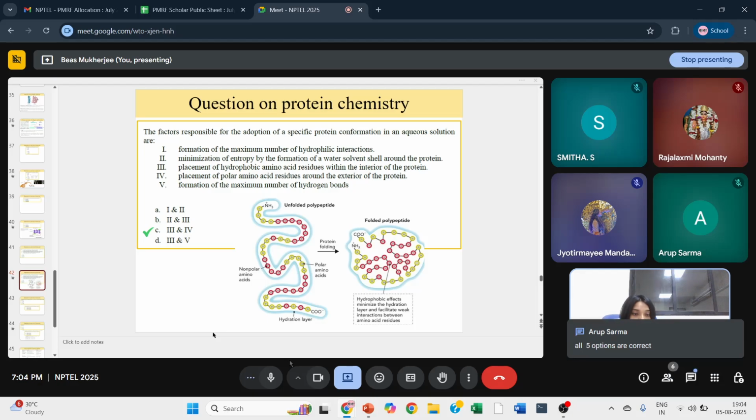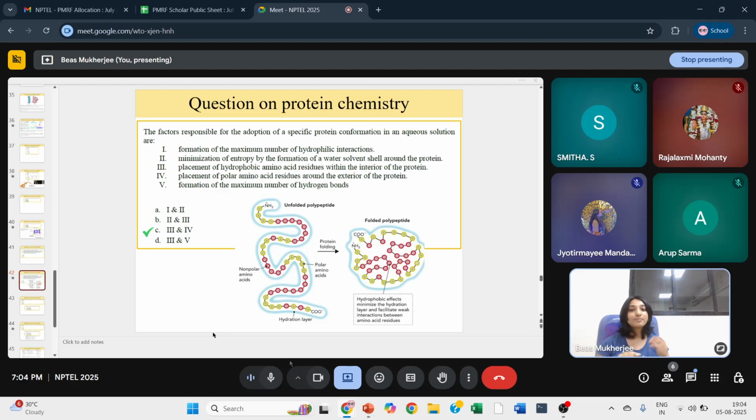So, okay, all 5 options are correct. Is that so? Okay, let's see. So, let's see this unfolded polypeptide chain. And what happens is, in protein folding, the hydrophobic regions are majorly packed inside, and this hydrophobic effect minimizes the hydration layer and facilitates weak interaction between the amino acid residues, right?